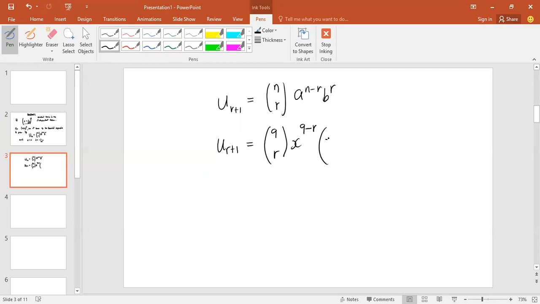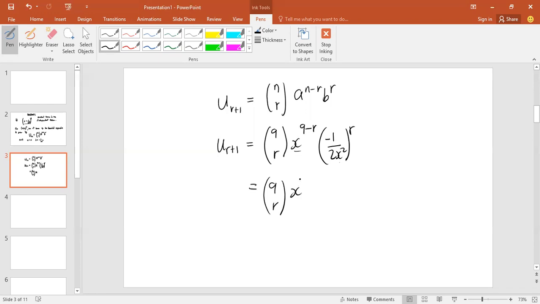Then in brackets, negative 1 over 2x squared raised to the power r. So when you come up with this equation, you are now more concerned with the constant term. So x, first of all, you deal with that. The 9 combination r will just be following.